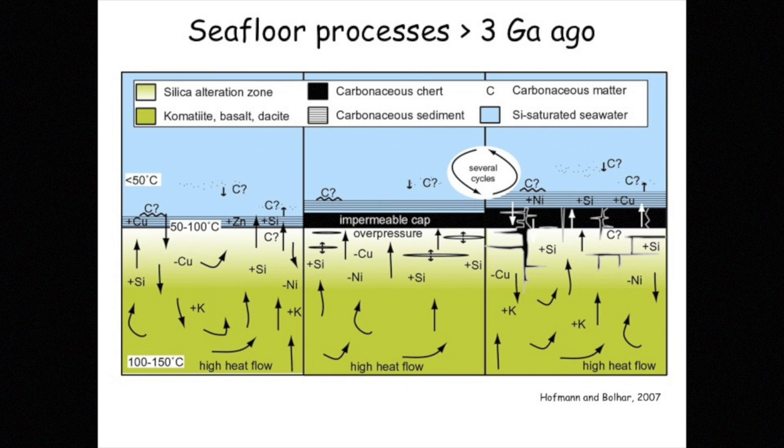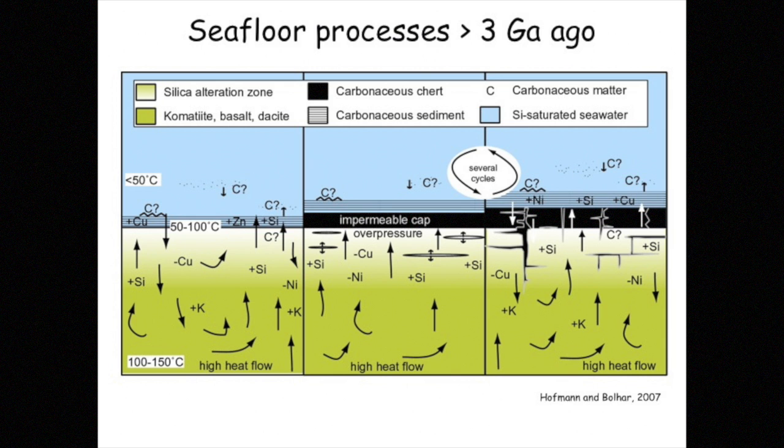We don't really know yet. Now these sediments, they became silicified, they became lithified over time, but these hydrothermal processes were still ongoing, and this then gave rise to the formation of hydrothermal fractures that were infilled with carbonaceous sediment, and this is what we see in the form of chert veins cutting through the igneous rocks.